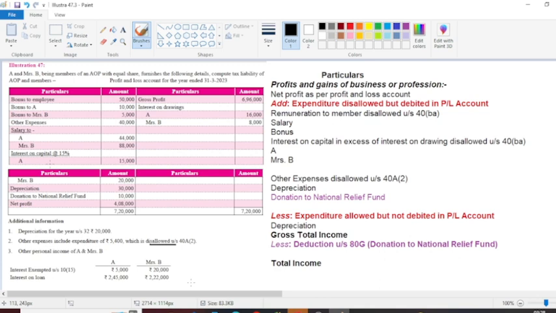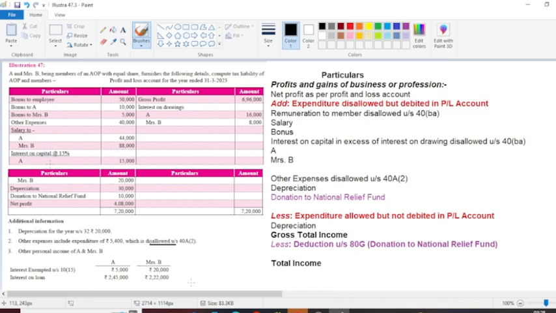Why do we subtract allowable expenditures in the calculation? Because if we subtract allowable expenditure, the net profit is reduced, and we will pay less tax to the government.